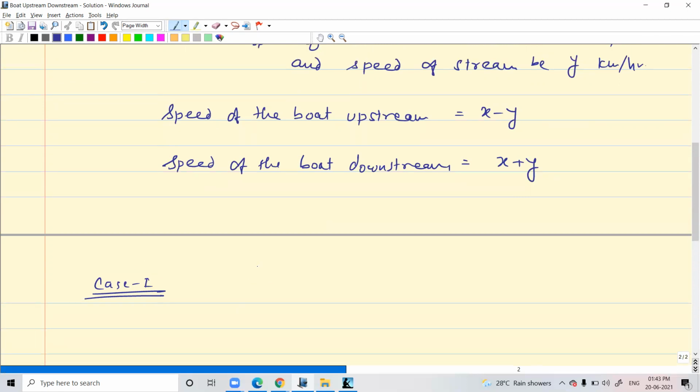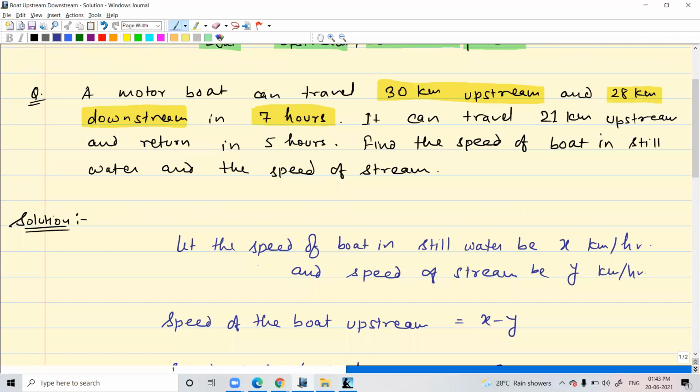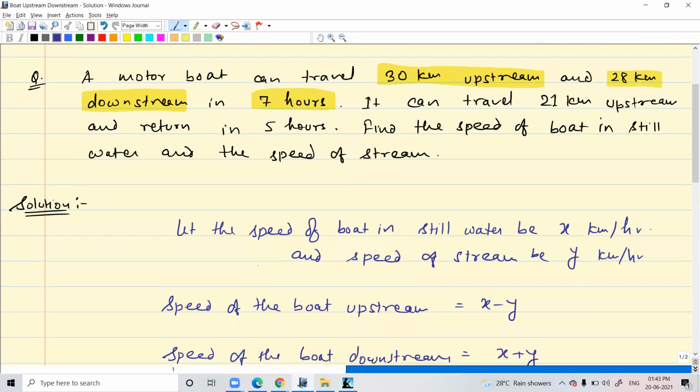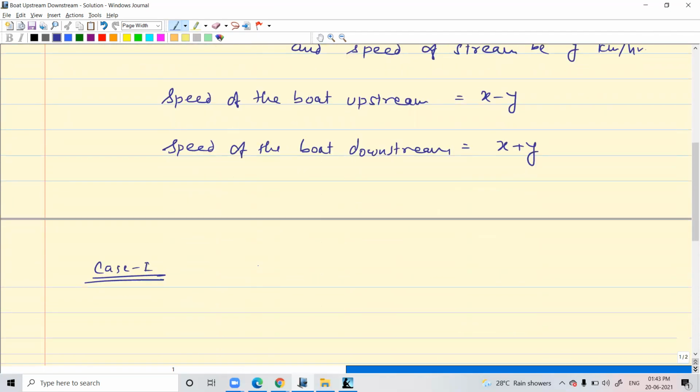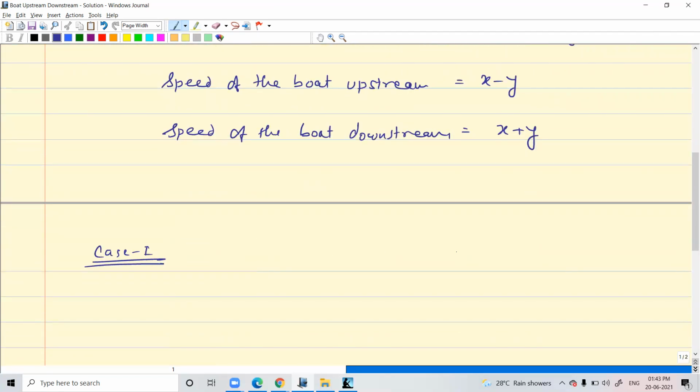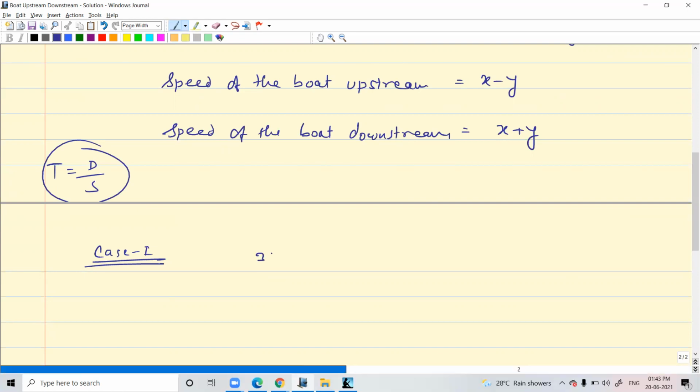It covered 30 kilometers upstream, so the time will be distance by speed, right? You should remember that time is equal to distance by speed. So while going upstream, the distance was 30 kilometers and the speed was x minus y. So this is the time taken to go up.